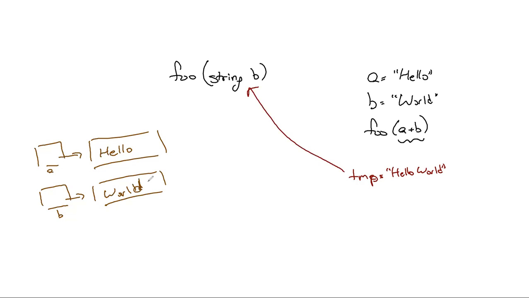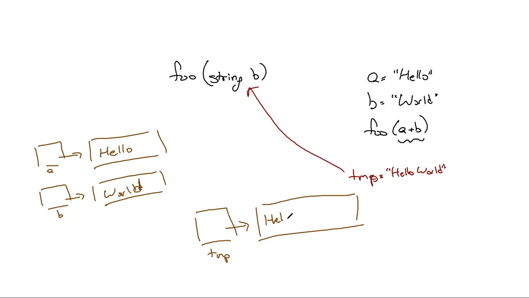Now, when we write A plus B, we're actually creating a temporary string, let's call it temp, which points to some memory that says inside hello world, right? And this gets passed into B, which is also a pointer in a sense that needs memory, right?